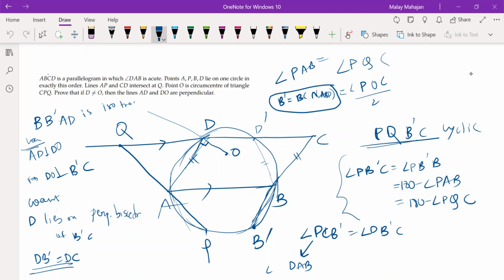Then we convert the required statement: we want DO perpendicular to B dash C, but O is the center of PQB dash C, so OB dash is OC. So this should be the perpendicular bisector. So we want D to lie on the perpendicular bisector of B dash C, which is true by angle chasing. So is this clear?